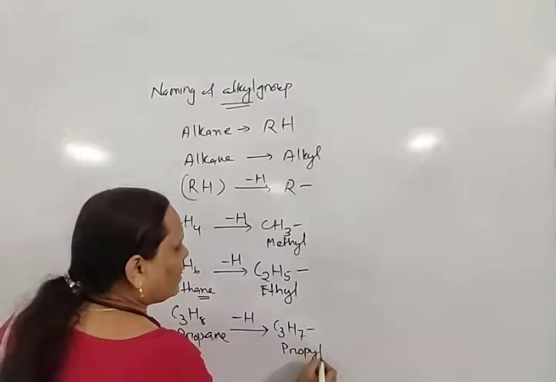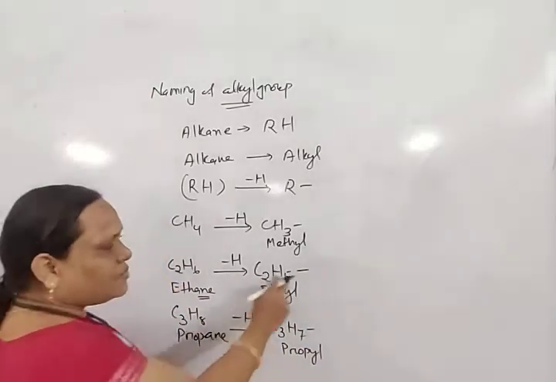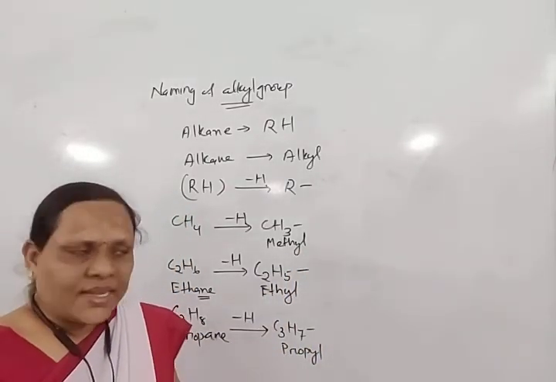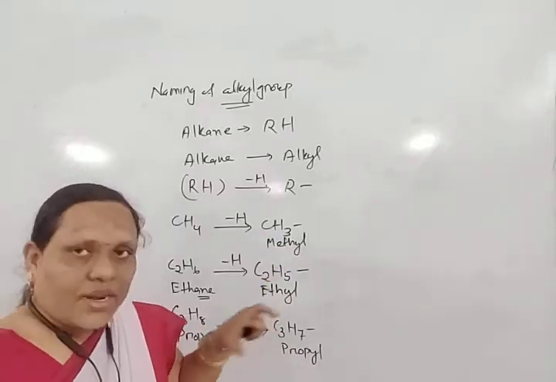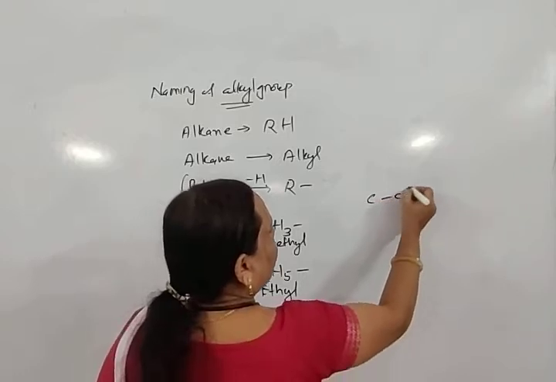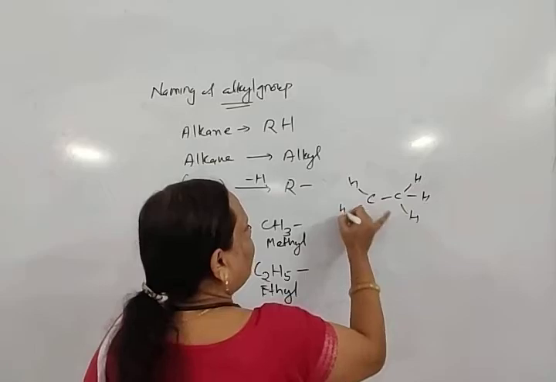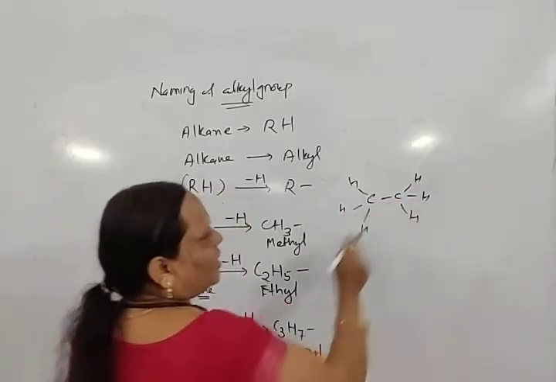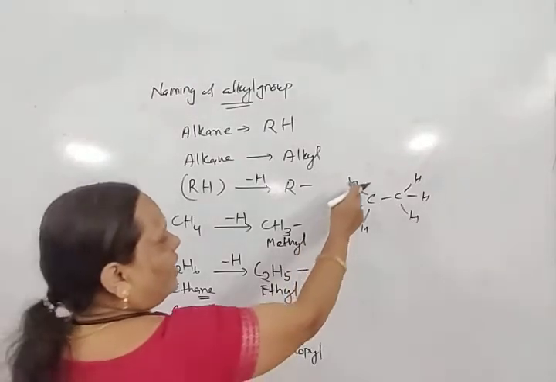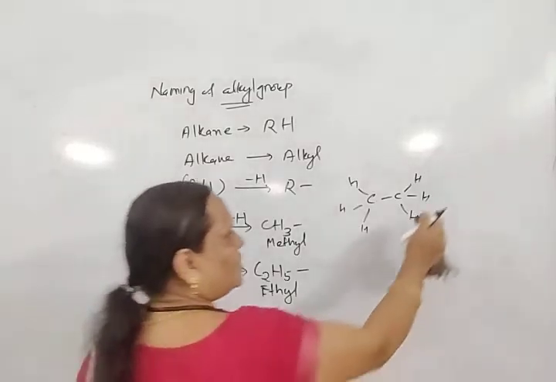Okay, propyl. Now C2H5: how are these bonds arranged? In ethane, two carbons are linked by sp3 linkage, and to each carbon three hydrogen atoms are attached. You already know the structure of ethane. If one hydrogen is removed, in total we get C2H5.